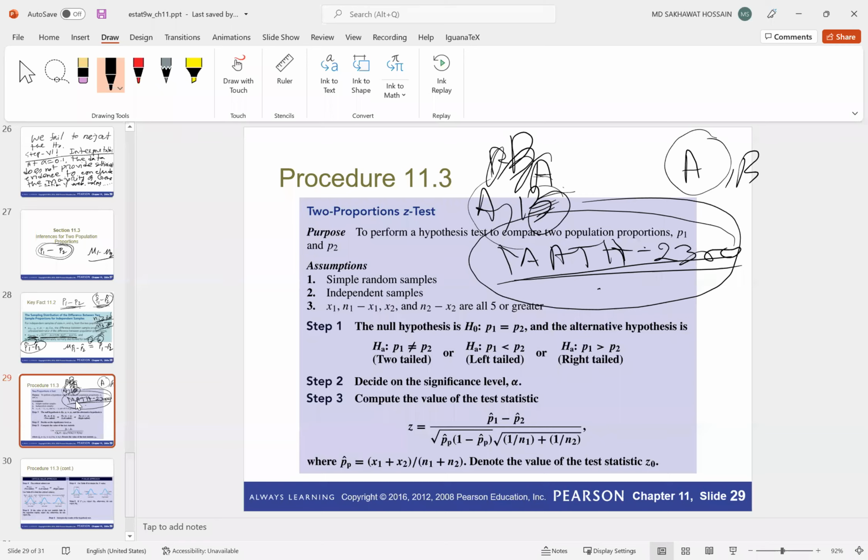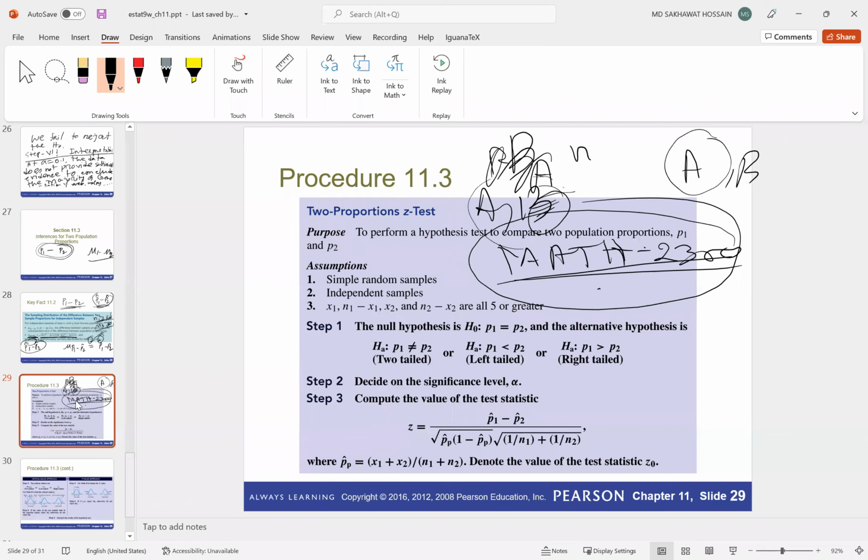In this case, we have two populations: all the students of Math 2300 taking online classes and all the students taking face-to-face classes. We collect a sample from the first population and also a sample from the second population.